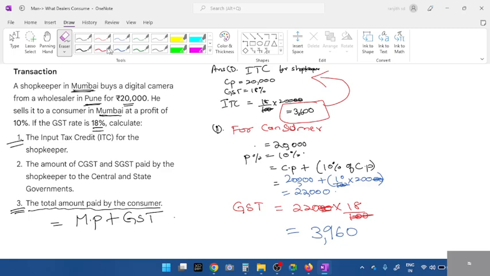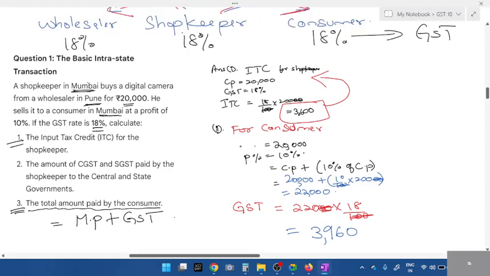For the consumer, the cost price after the profit is 22,000, right? 22,000 plus what GST is paid? 3,960. Yeah, 22,000 plus 3,960. This is the third answer: 25,960.